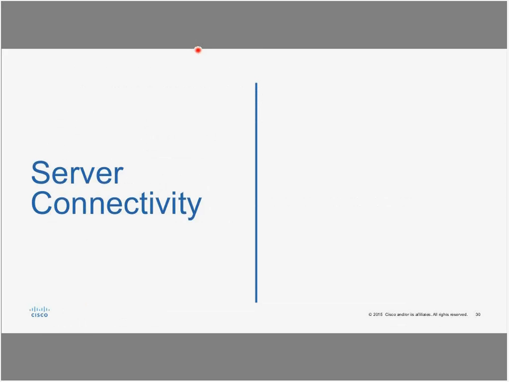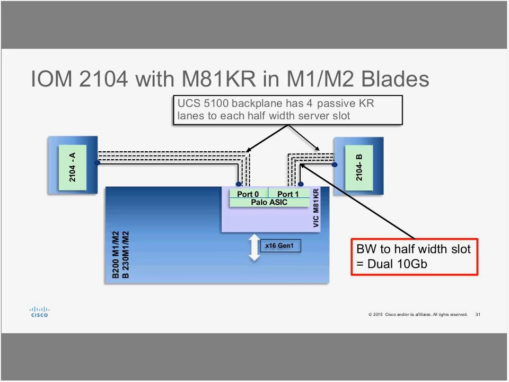All right, server connectivity. Remember we talked about how you can have several models of CNA. We're going to look at an M81KR adapter that's connected to a 2104 I/O module. As you can see, here is the adapter that's on the back of the blade.